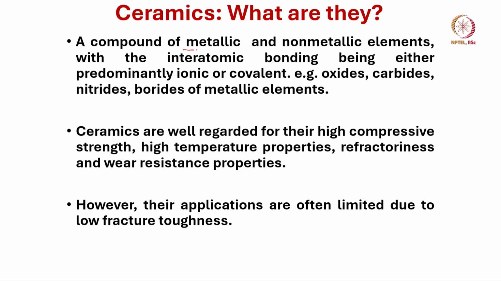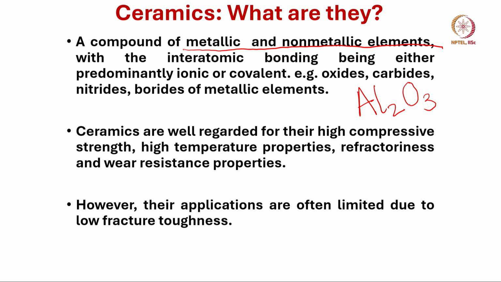So, what are ceramics? This is a textbook type of definition. It is a compound of metallic and non-metallic elements, like I mentioned, alumina. Aluminium is a metal, and then you have oxygen in a 2:3 ratio. So, alumina is different than aluminium metal.